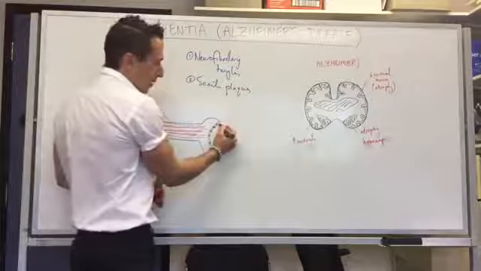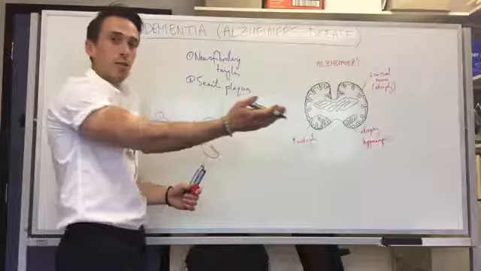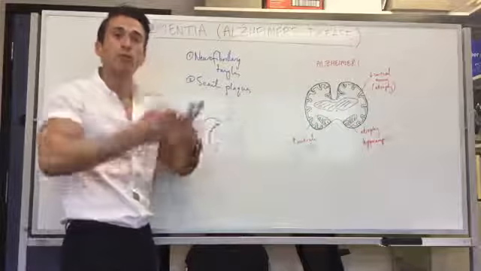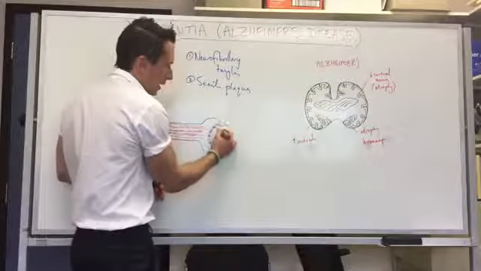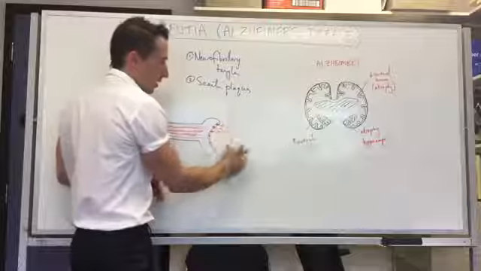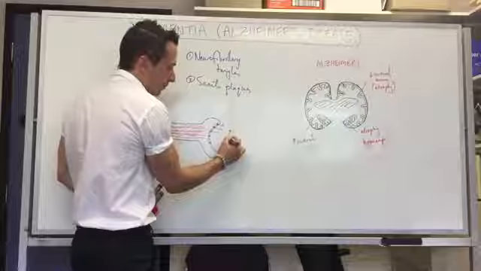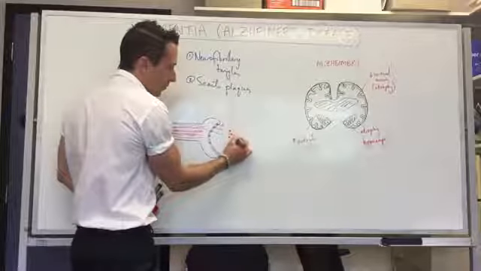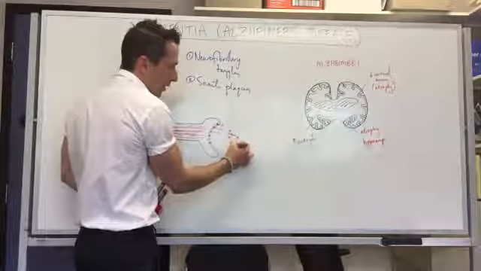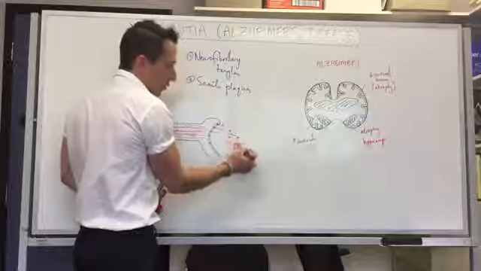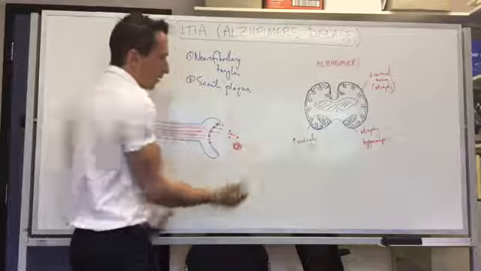But some of these proteins in Alzheimer's disease misfold as well. They become dysfunctional and they get released into the extracellular fluid. And some of these proteins will come together and they'll form a large misfolded protein, which we call a senile plaque.